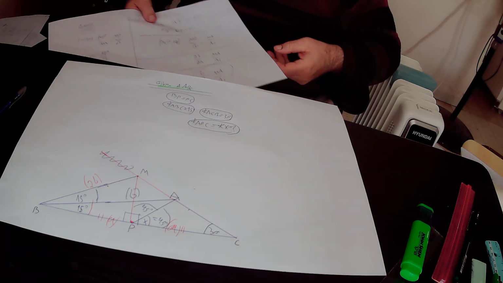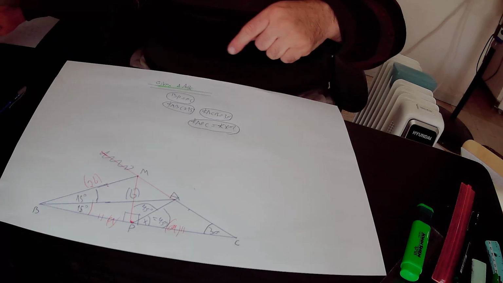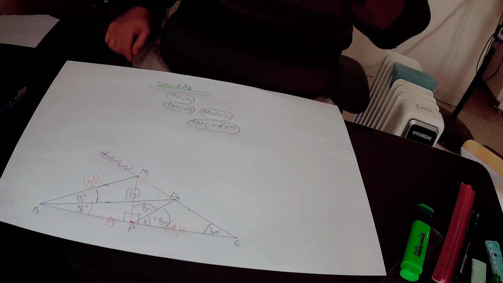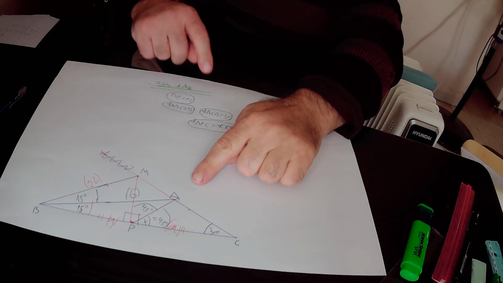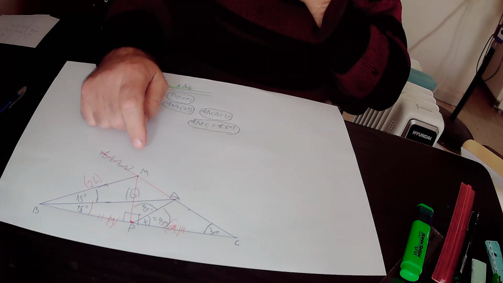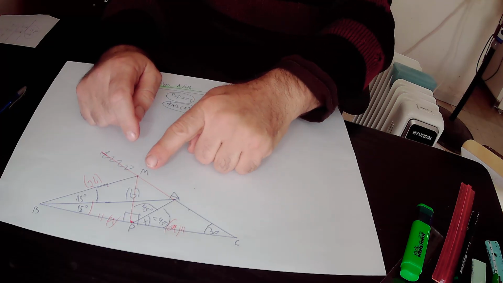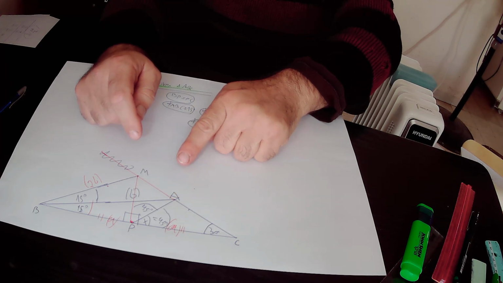And therefore, if we focus on the right triangle MPC, line segment AP divides the side of this right triangle MPC proportionally. That is to say, B over A equals MA over AC.